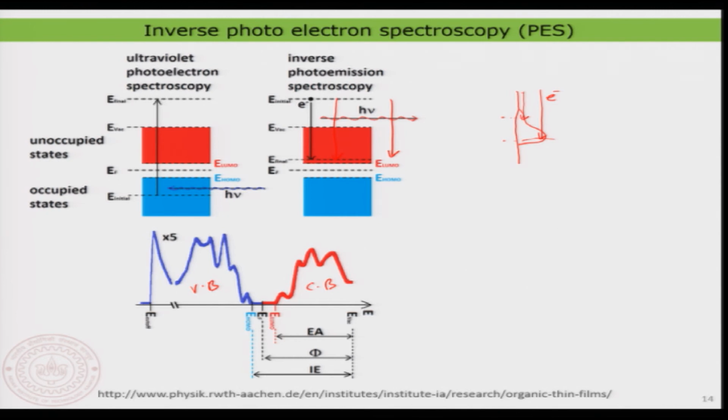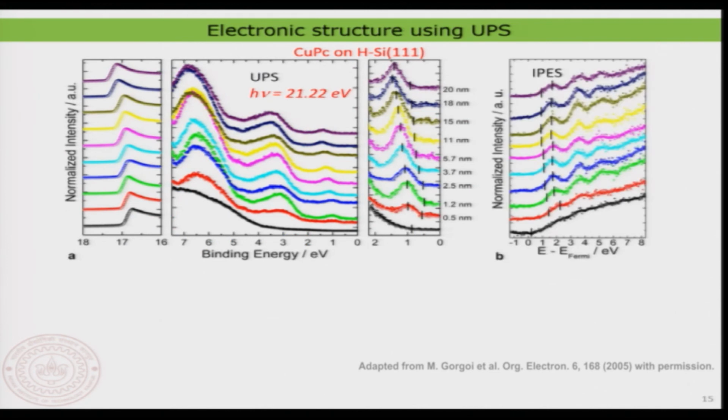So, that is the strength of this technique, and I have here a molecule known as copper PC, a copper phthalocyanine molecule deposited on a silicon 111 surface. Here is a UPS carried out as a function of thickness, and also an inverse photoelectron spectroscopy carried out as a function of thickness.